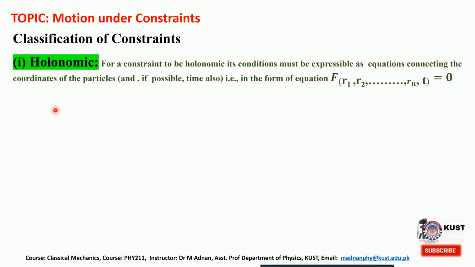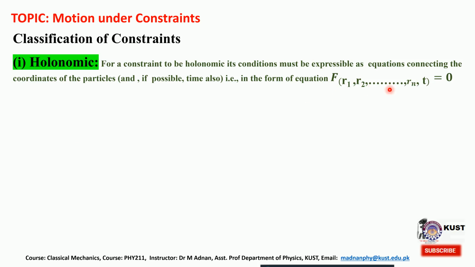Before moving towards those problems, we need to see the classification of the constraints. Constraints can be holonomic if the condition of the constraint connecting the coordinates of the particles, and also in some cases time, can be expressed in the form of an equation. We will see on the coming slides the equations of constraint for various systems.